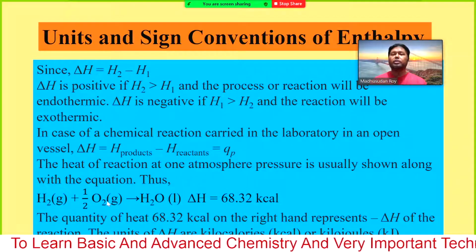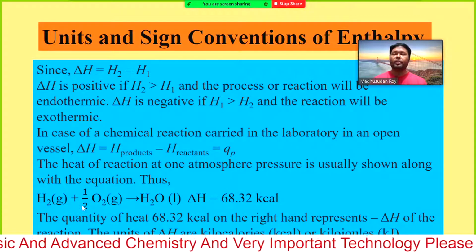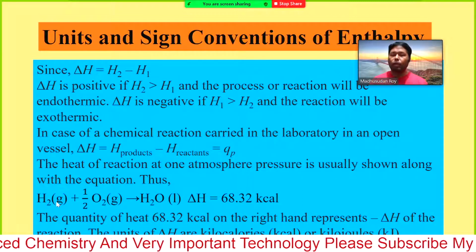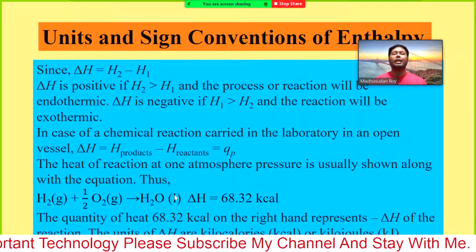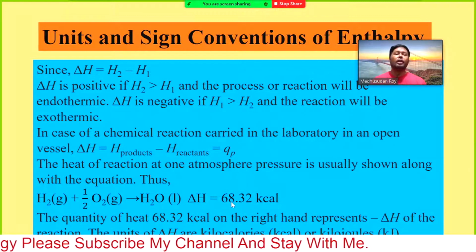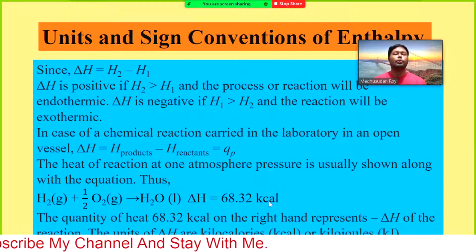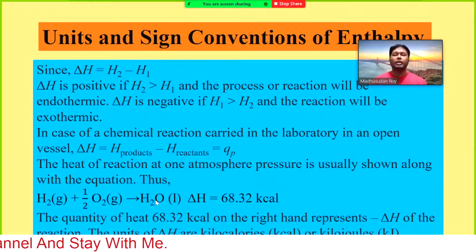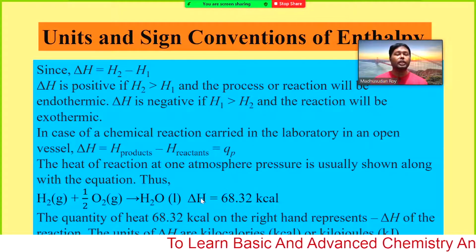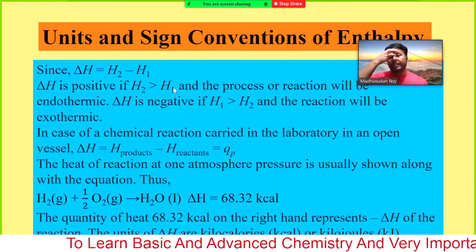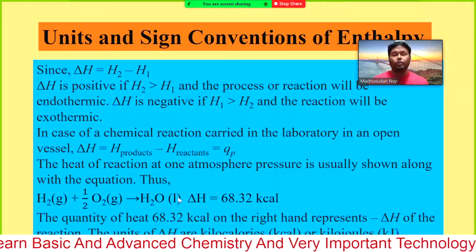If you write the reaction this way, 1 mole of hydrogen gas reacting with half mole of oxygen gas to form 1 mole of liquid water, and delta H equal 68.32 kilocalorie. That means the quantity of heat 68.32 kilocalorie on the right hand side represents minus delta H. That means delta H is positive actually, so H2 greater than H1. No, I made a mistake.